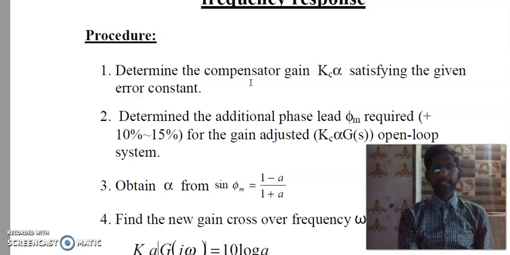First, we need to find the compensator gain for the given error constant. Determine the additional phase lead phi m required, plus 10% to 15%, for the gain adjusted Kc alpha G of S open loop system. We will be solving a problem by applying this procedure.